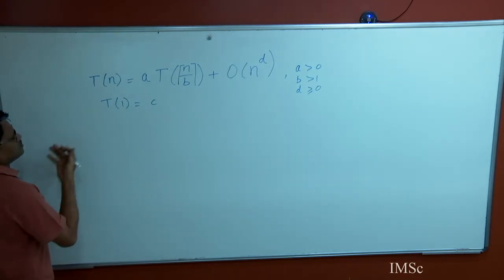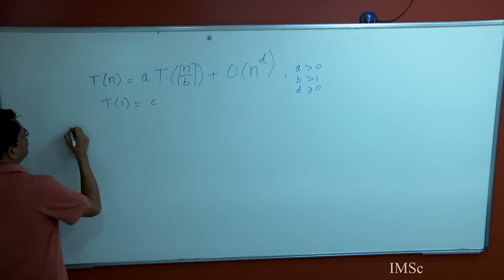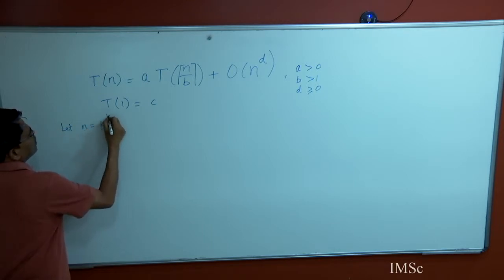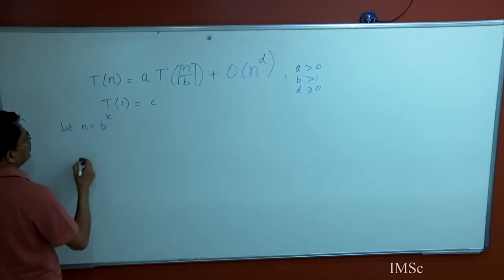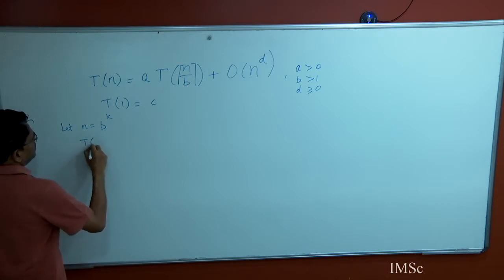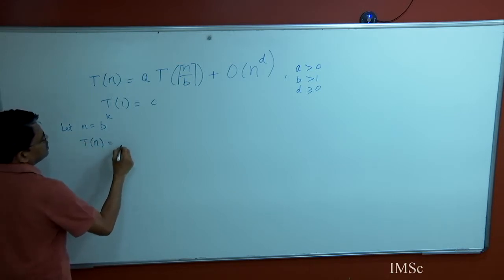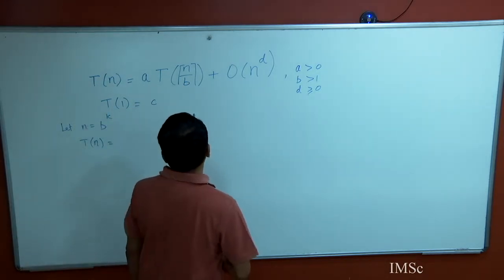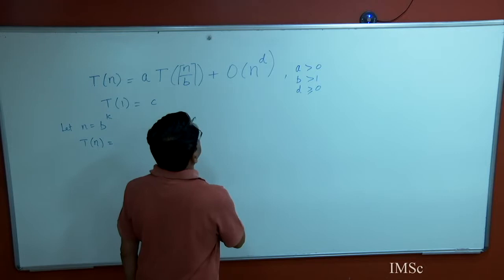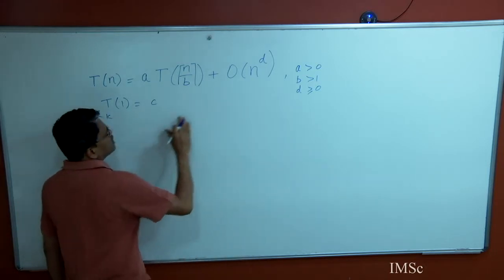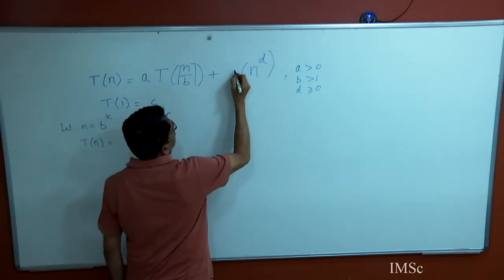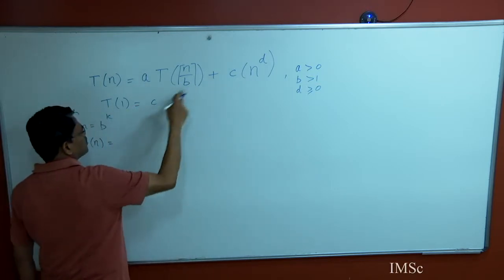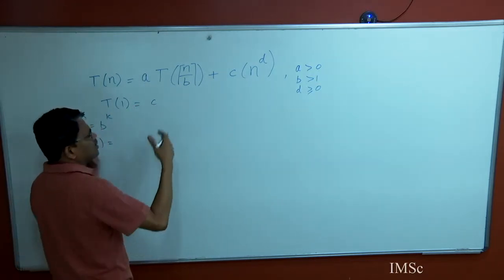So let's try and see what the solution is. Let n be some power of b. So, when I expand it, I get T of n is some constant times n power d, and it may not be the same constant, it could be the same constant.